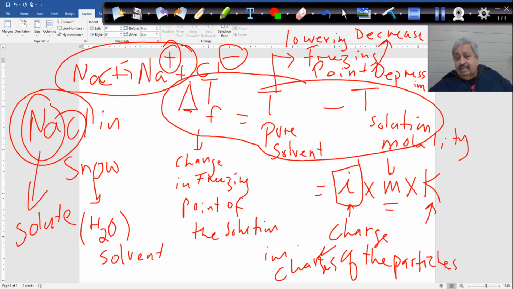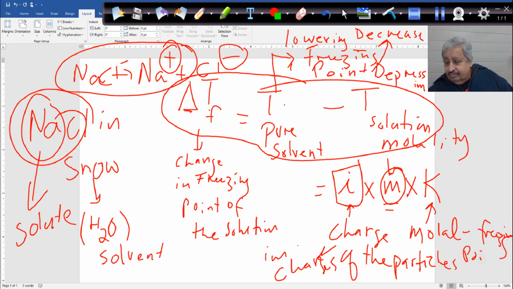Okay, and K is called the molal freezing point constant, because it's coming with the freezing point. It has a name called Van't Hoff constant, but don't worry about it.